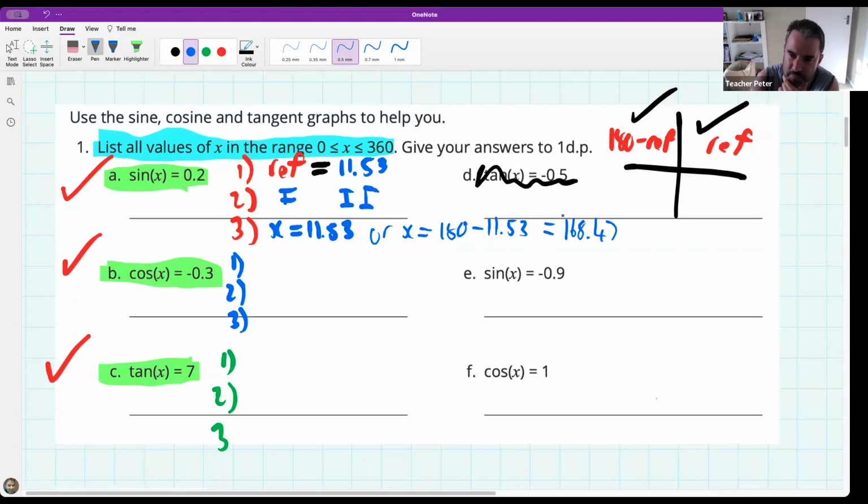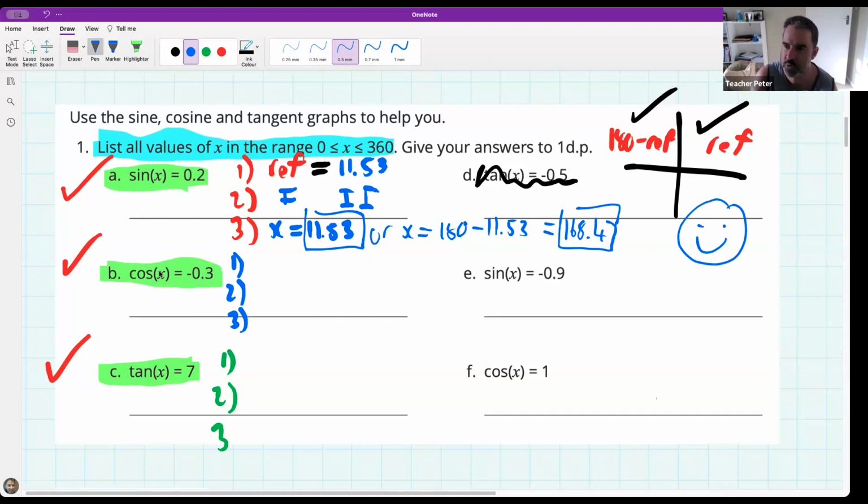Just confirm that you get the same. So the 2 answers are 11.53 and 168.47. Yes, they are. Perfect.